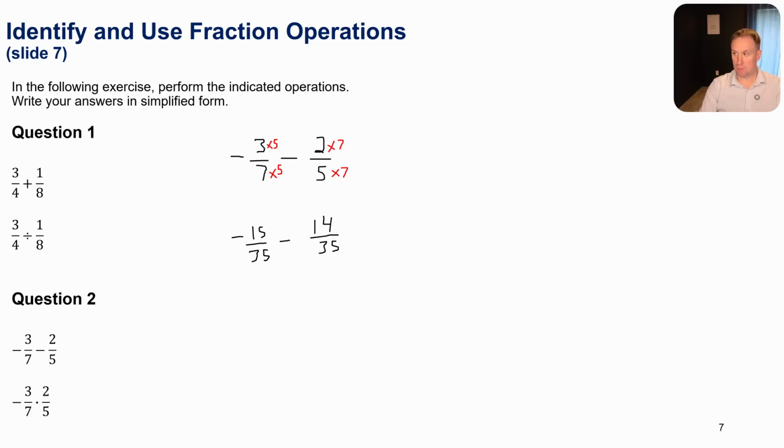My next step then, I'm going to subtract my numerators. In this case, there are some negatives here. So when there are negatives at play, I like to just isolate the integers. It makes it a little easier on the brain perhaps. So what does this actually mean? Negative 15 minus a positive 14.